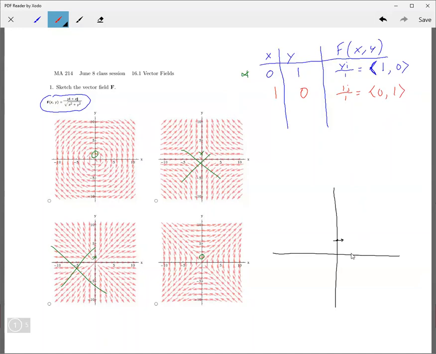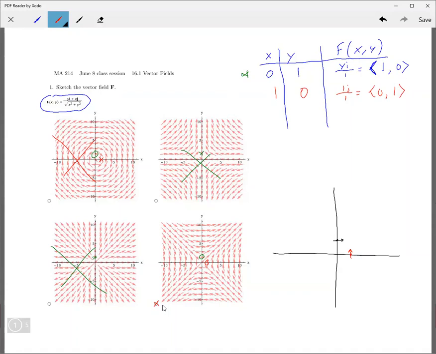So at this point, which is 1, 0 right here, you're going to have a vector that points straight up like that. This one points down, so that's not going to work. This one points up, so that means this could be the answer. It's the only one that can be the answer, it looks like.